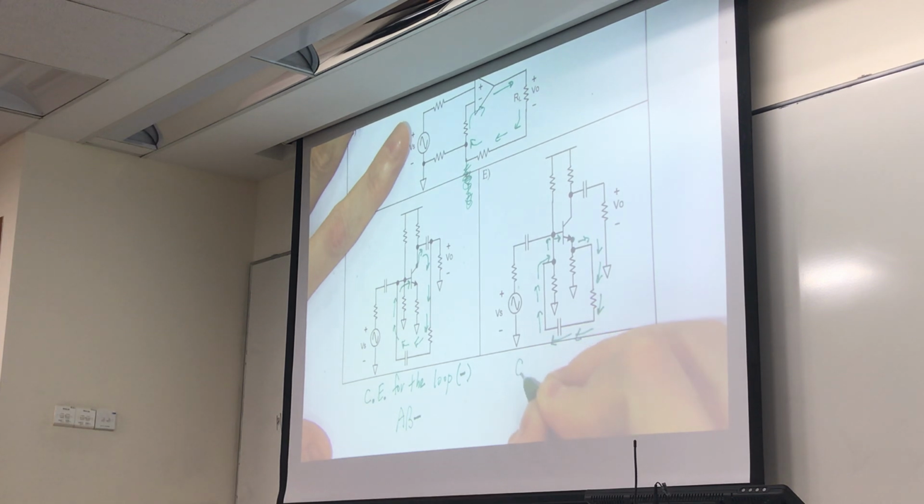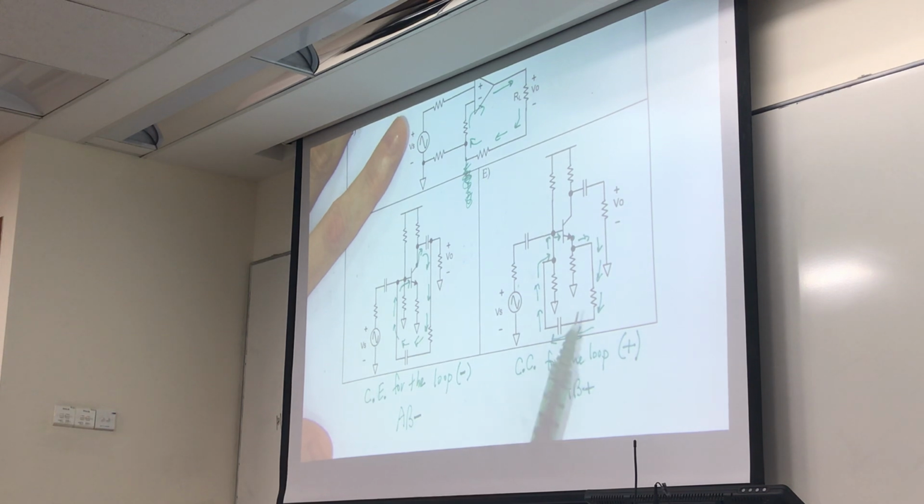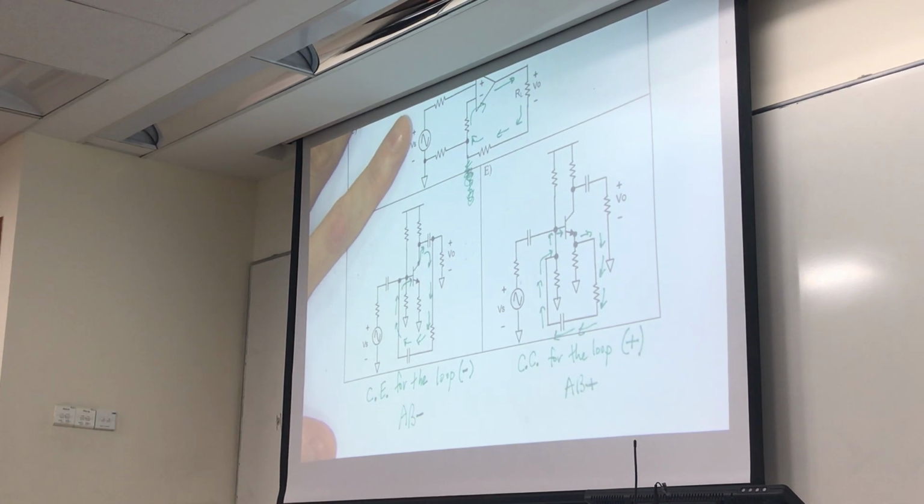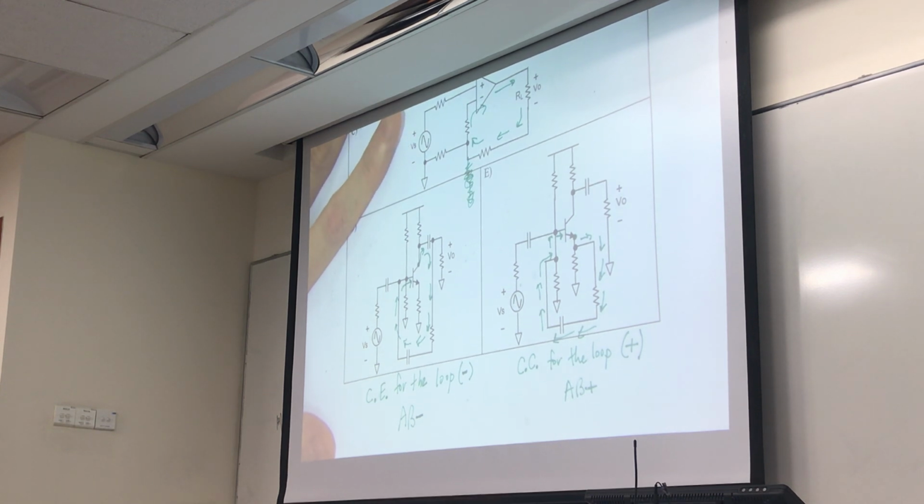That's common collector for the loop. Common collector is a non-inverting amplifier. Therefore, my loop gain is positive. In other words, this is an example of positive feedback that's unstable and probably useless because it's not a filter, it's not an oscillator. It's just an example of a very poor circuit design that doesn't accomplish anything, right?